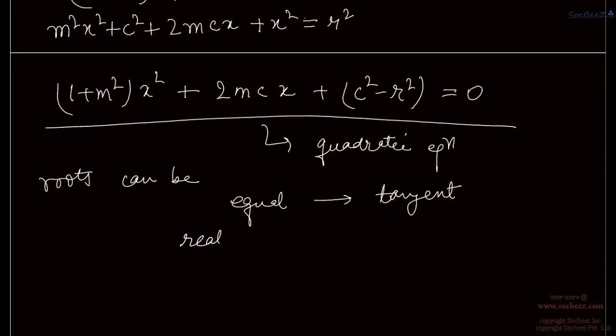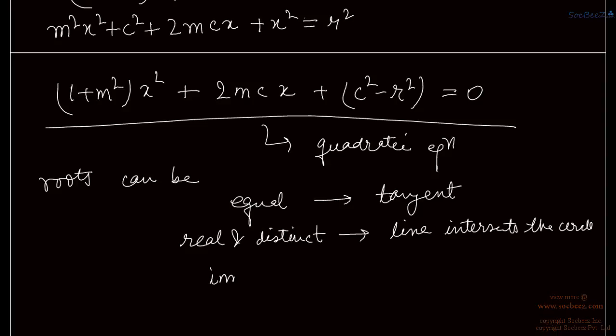Okay, real and distinct, which corresponds to the case line intersects the circle. And imaginary, which corresponds to the case of no intersection between line and circle, right?